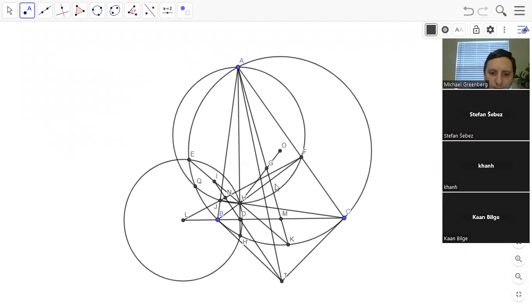That is the easy proof. We proved it. And then showing Q, I, and G are collinear.